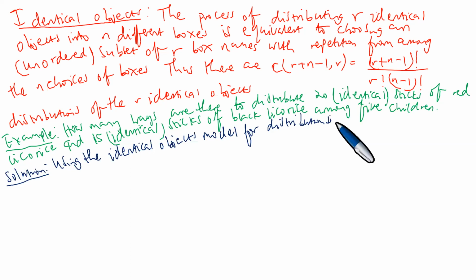So for distributions, what do we do? We see that the ways to distribute 20 identical sticks of red licorice among the 5 children can be seen as equal to the ways to select a collection of 20 names.